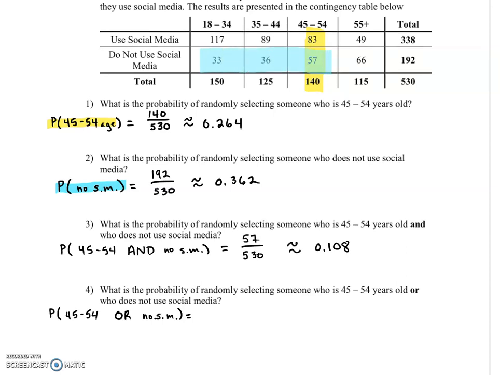That is this row. And just like with our Venn diagram, you can see that the outcomes they have in common are right here where our two colors overlapped, which makes sense because that's what we used in problem number 3 to find the probability of 45 to 54 and does not use social media.